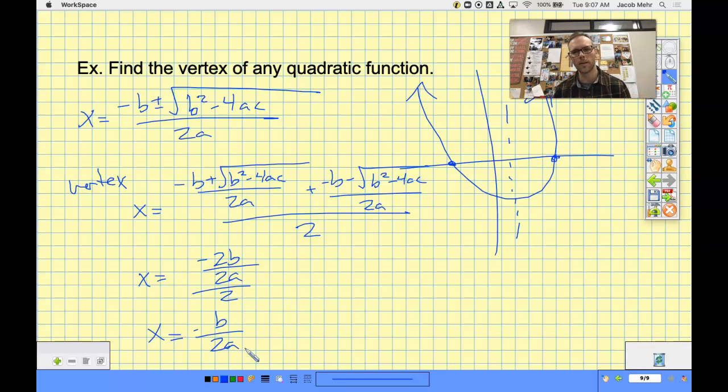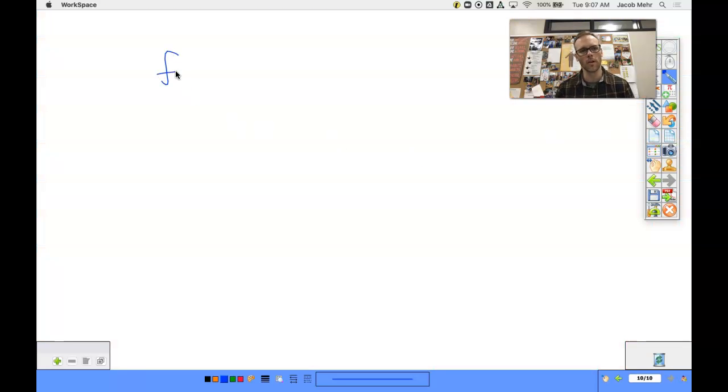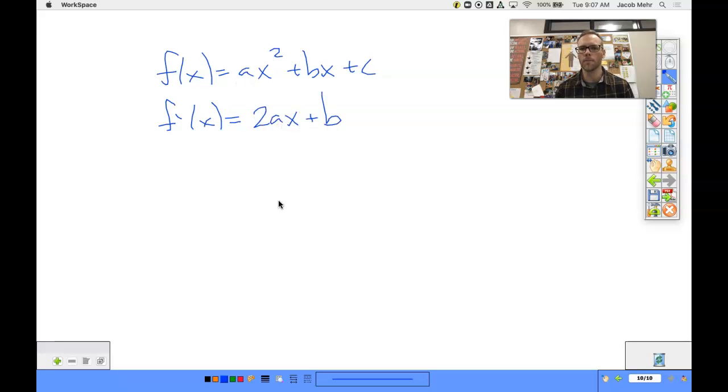But now that we know calculus and we know that the vertex is going to be a minimum or maximum, there has to be a critical value. So it's got to be a point where the derivative equals 0. So it might be much easier for us to think about, if I have a quadratic ax squared plus bx plus c, where does the extrema happen? Well, when we differentiate and we take our derivative, what is it? 2ax plus b.